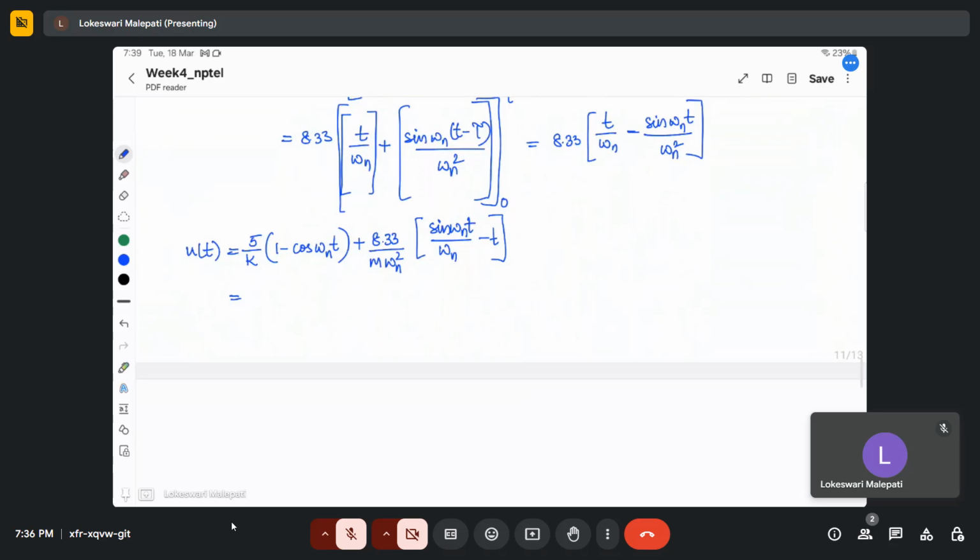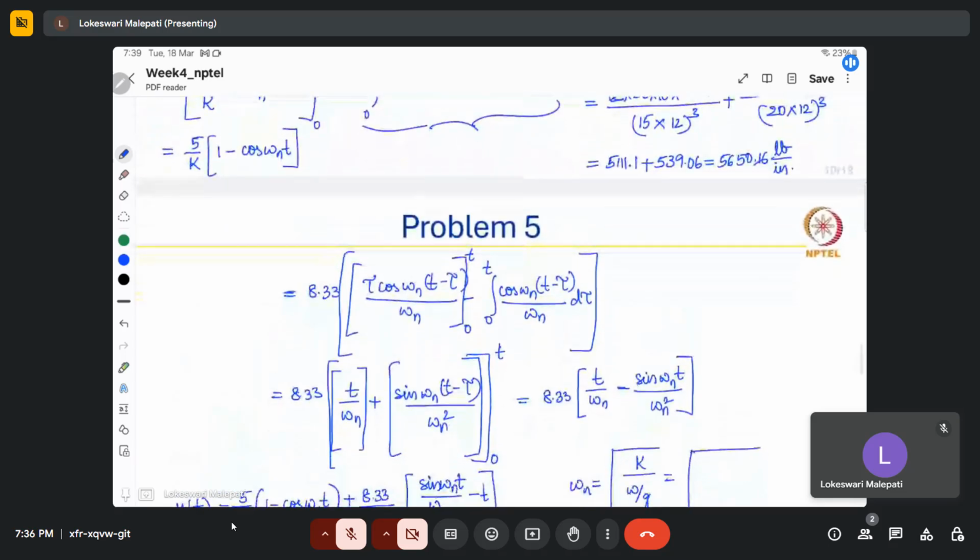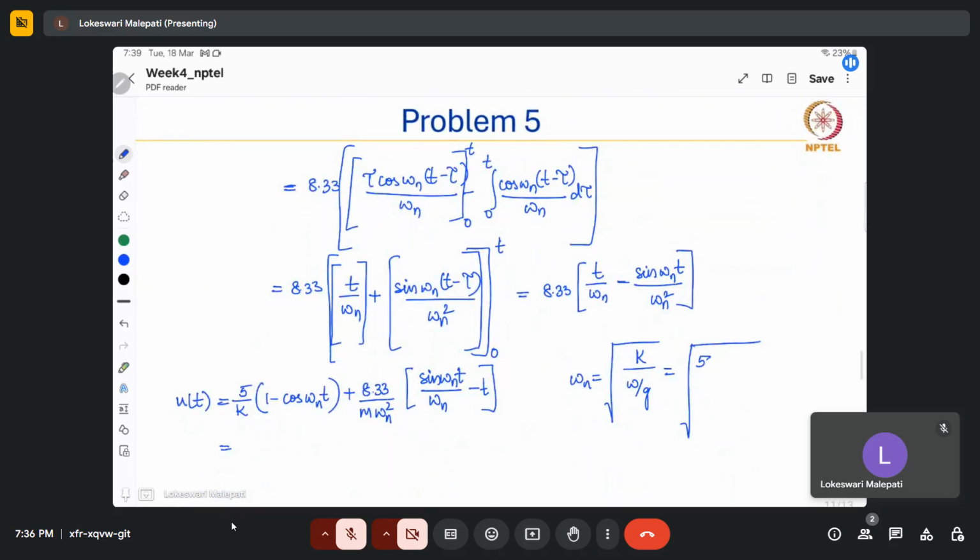So omega n is equal to the square root of K divided by W by g. That is the square root of 5650.16 multiplied by g, which is 386, divided by W, which is 20 multiplied by 10 cube.